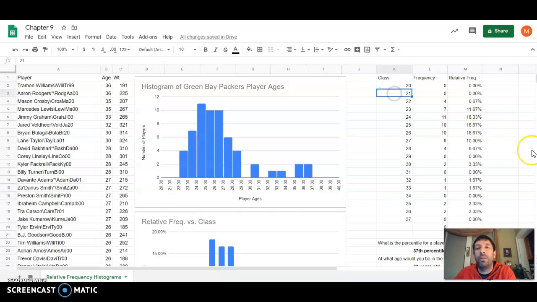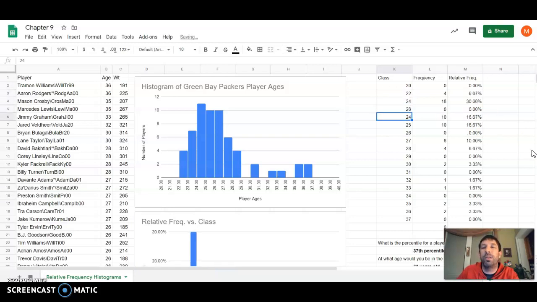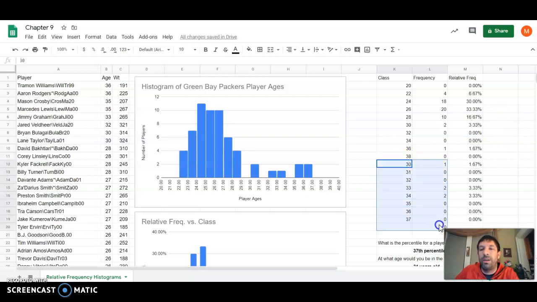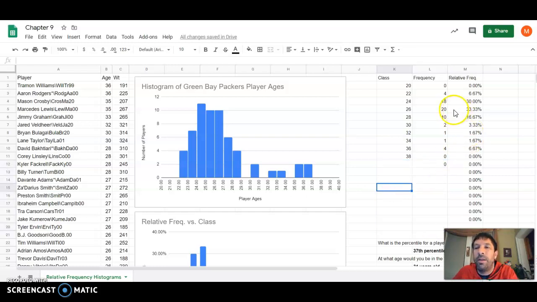So if I do that, instead of 20, 21, 22, I would go 20, 22, 24, 26, 28, 30, 32, 34, 36. Now the oldest Packer was 36, so I'm going to go up one more to 38. And then if I just delete the rest of these, okay, now if I highlight these, they still add up to 100%. So that's still good.